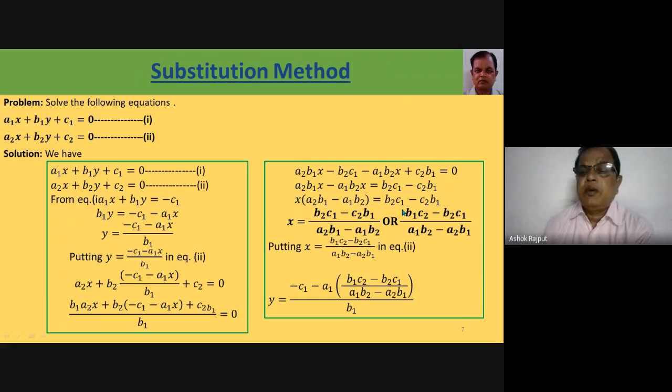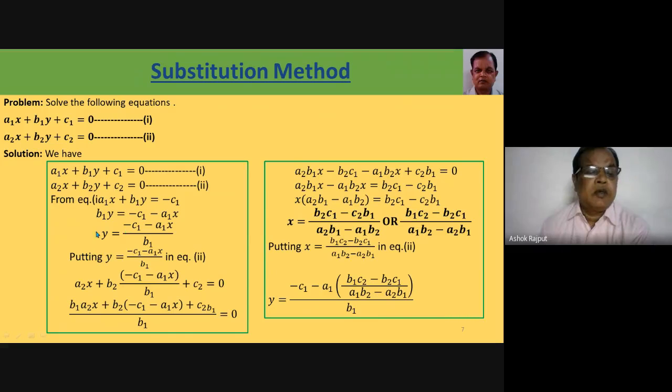Or we can arrange it this way: we have changed both the terms, or we can say we have taken the minus sign common. Then b1c2 minus b2c1 upon a1b2 minus a2b1.